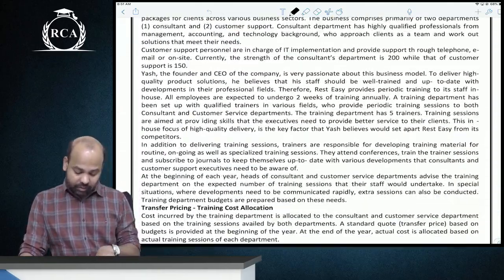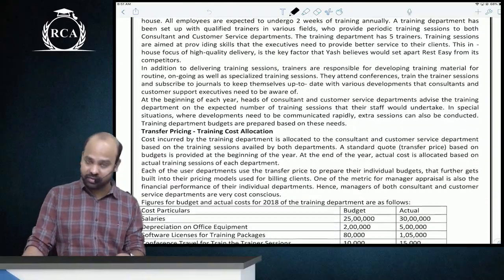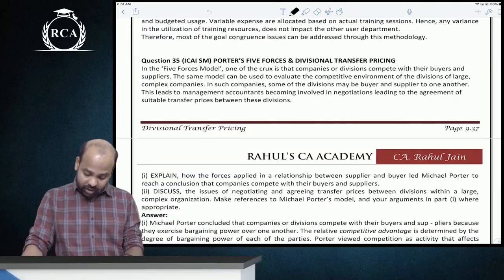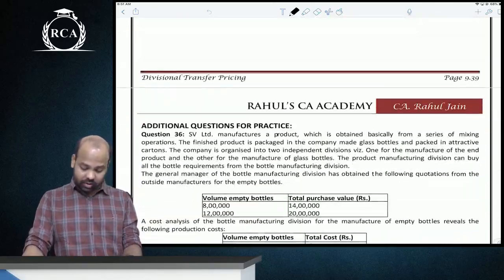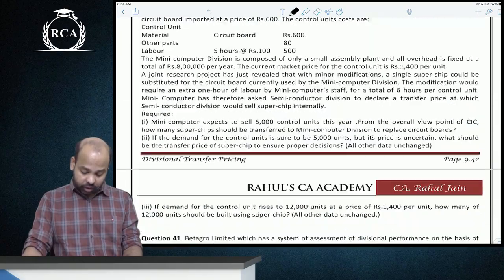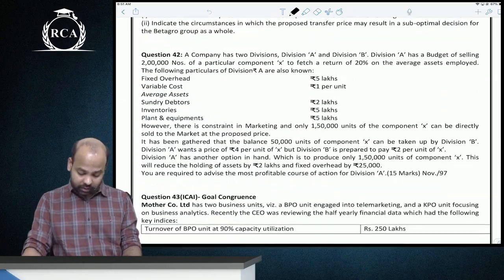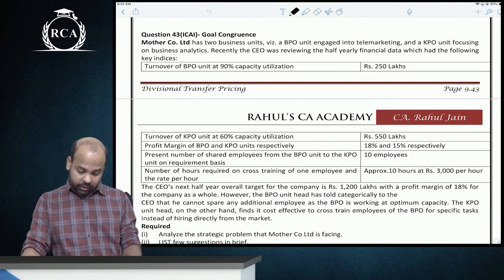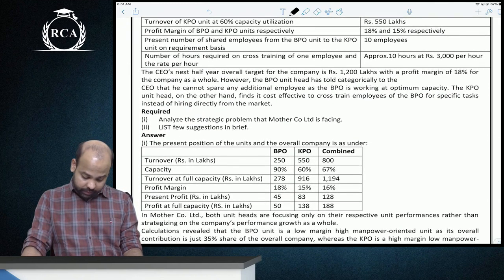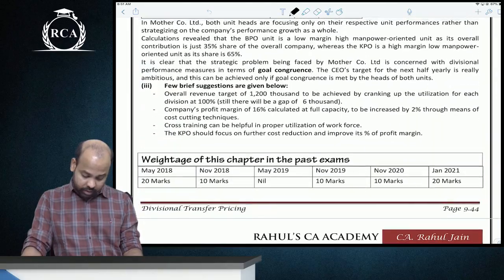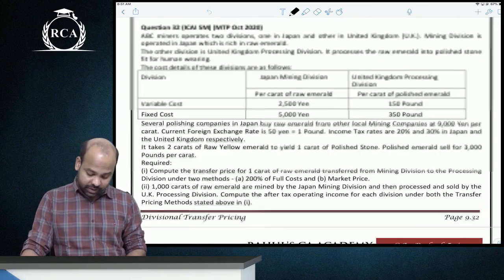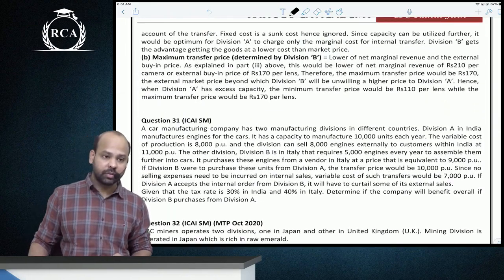After that we have question 34, a case study involving transfer pricing. Question 35 is also a case study, but simple. Then there are additional questions for your practice. I'll give the answers to them. If there's any other question that is to be done, I will do it, don't worry.